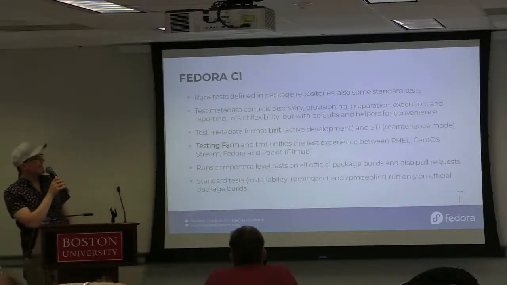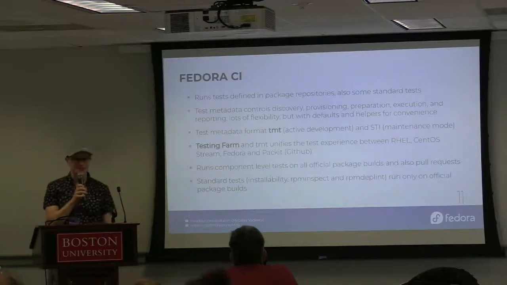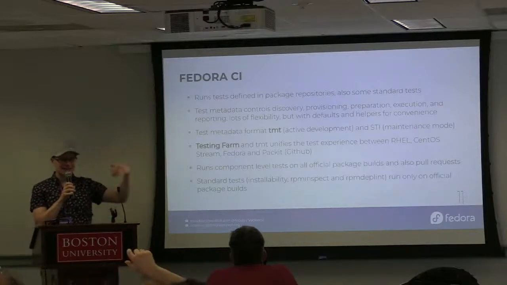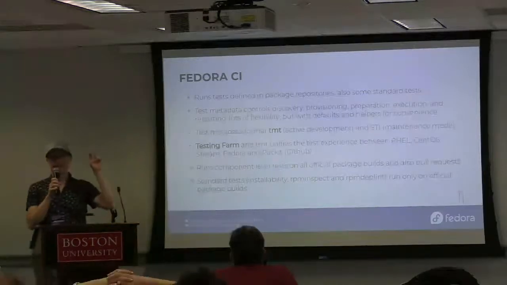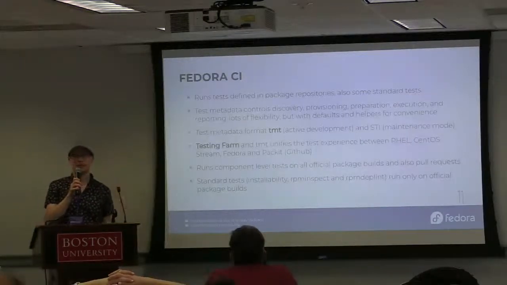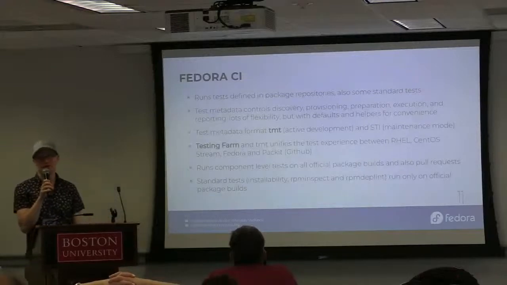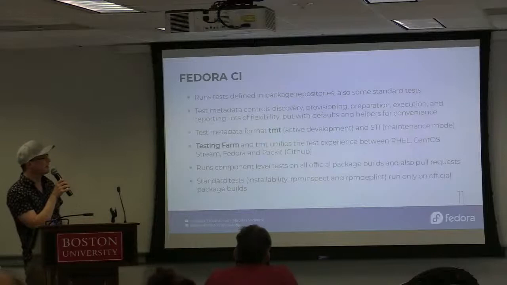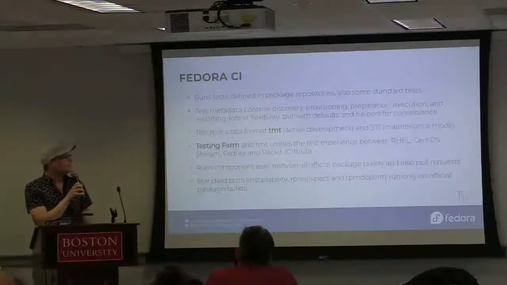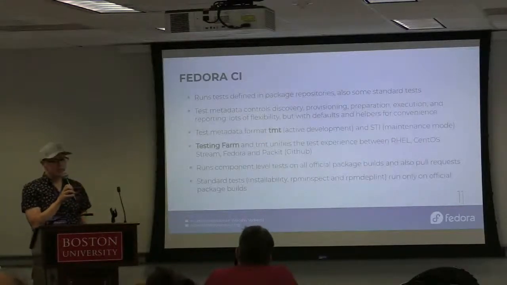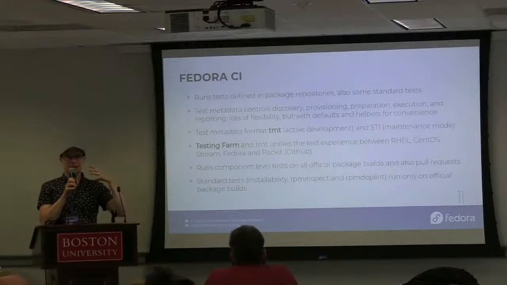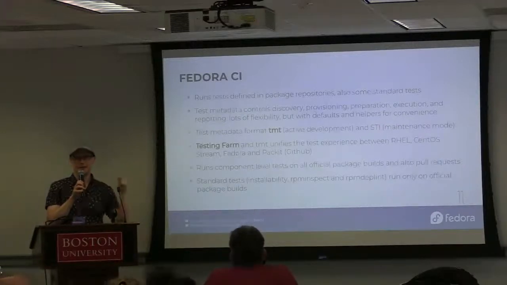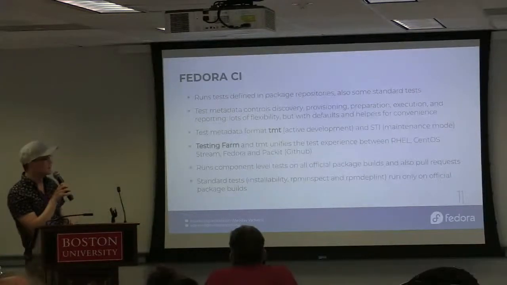So what Fedora CI kind of is, it's one of those tricky things where it's kind of a more instance which lets you run tests in a way that's more conventional to a developer on Fedora packages, on Fedora package spec files, things like that. So Fedora CI, unlike OpenQA, doesn't have a curated set of tests that the Fedora CI team writes and runs. It has a small one, but that's kind of a legacy thing.